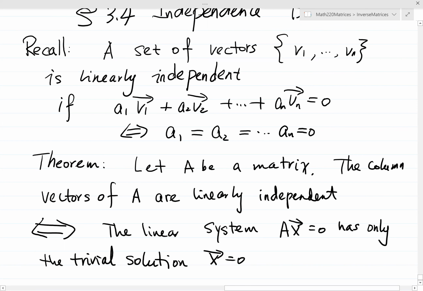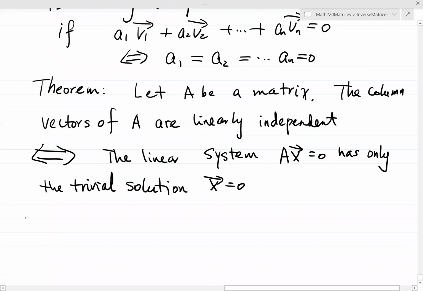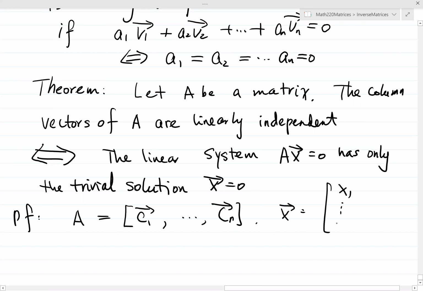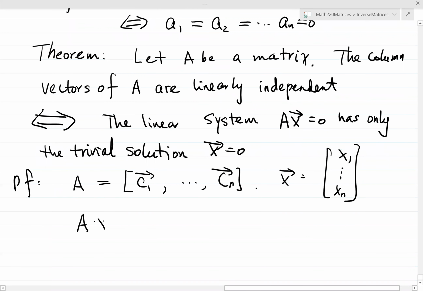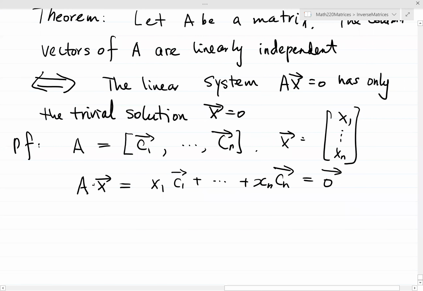Now this is very easy to see. If you write A in the column picture, with columns C1 through Cn, and X as (X1, ..., Xn), then the matrix A multiplied by the vector X is X1 C1 plus X2 C2 plus ... plus Xn Cn. This is the 0 vector. Now this linear combination of the column vectors is 0, but we know the column vectors are linearly independent.